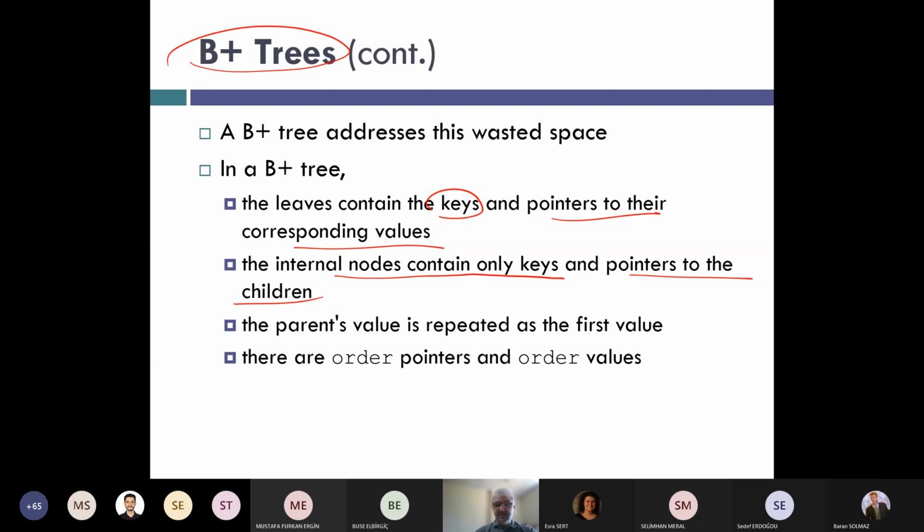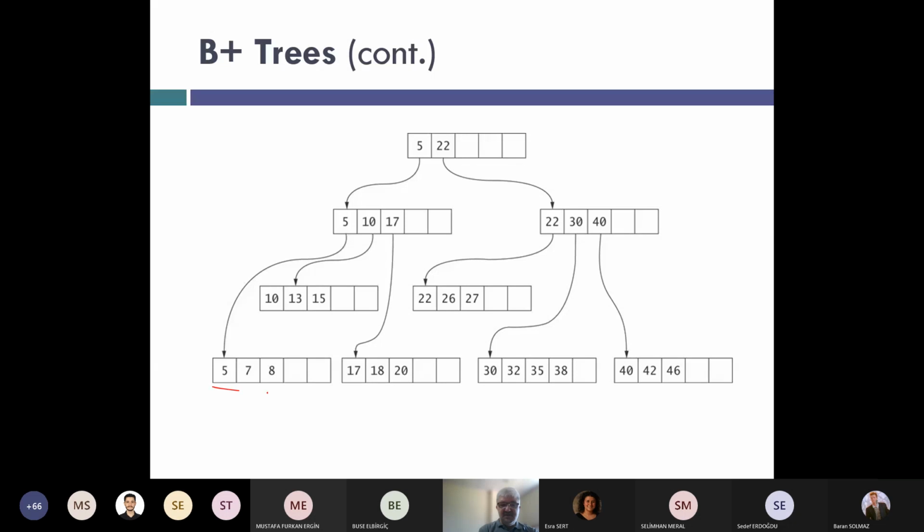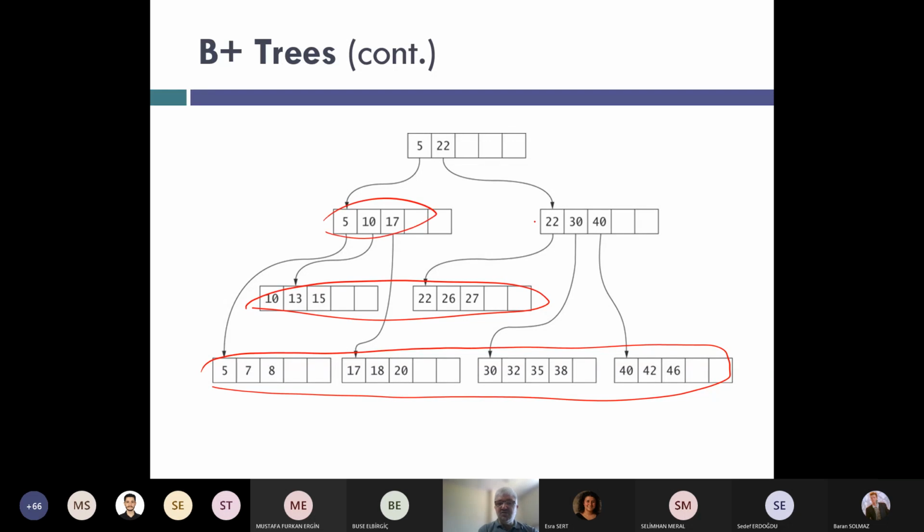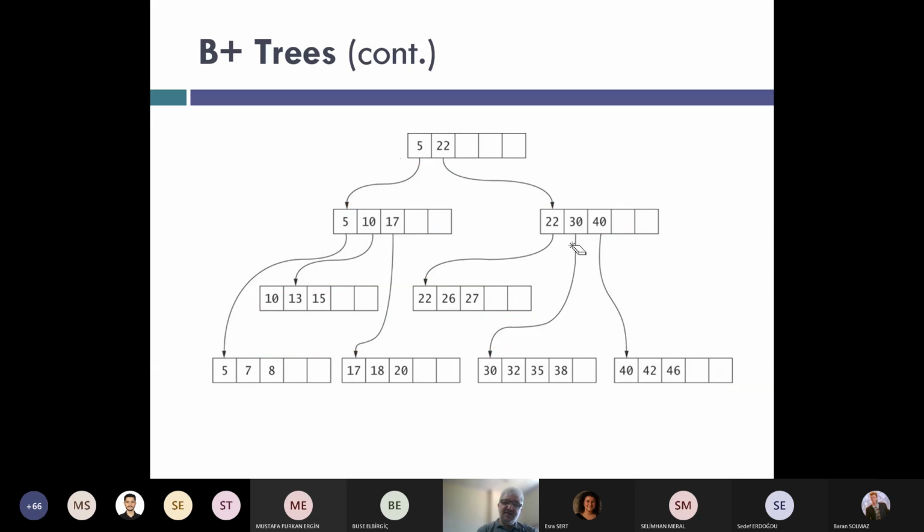But in this case, we keep all the values in the leaves. So the leaves keep all the values. These are also leaves. Internal nodes repeat the values. As you see here, this is the actual value. It is repeated in the internal nodes. These are the internal nodes, right?